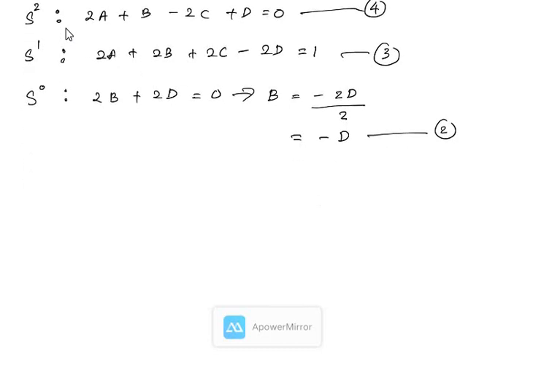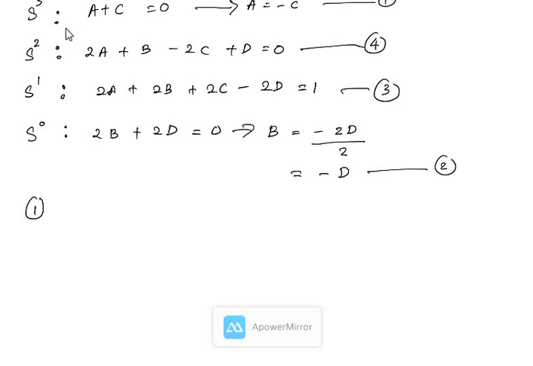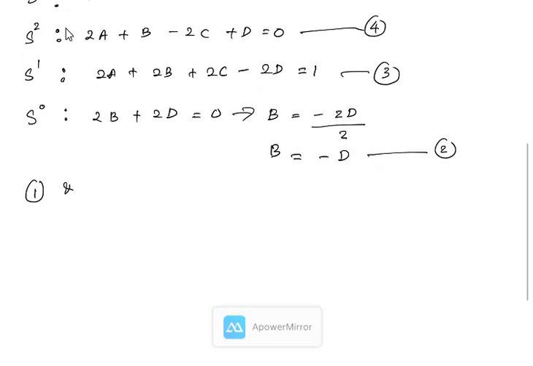So now we substitute equation number 1, which is a equal to negative c, and equation number 2, which is b equal to negative d, into equation 3, because equation 3 has the a and the b.